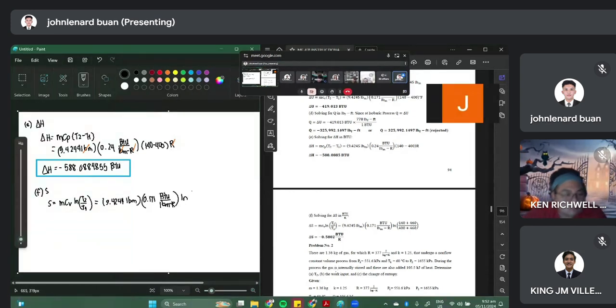And then we have here LN. Dito po, you have to convert the following temperatures into an absolute temperature. Therefore, adding both by 460, over 400 plus 460 to make it runtime for absolute temperature reading. So unit analysis muna, cancel out the following units that are cancelable. And then it will give us the unit of BTU.